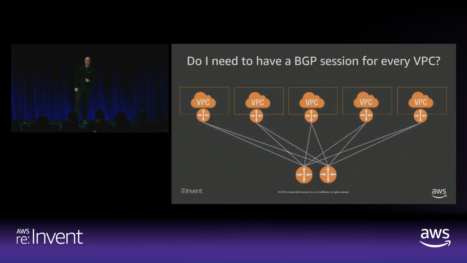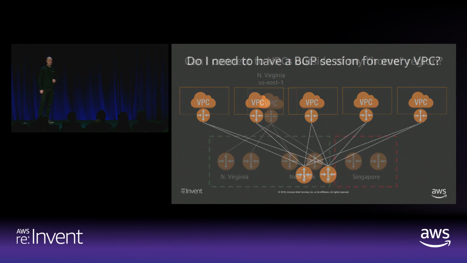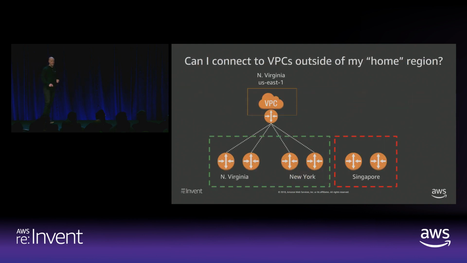I get this question all the time. Do I need to have a BGP session for every single VPC? And if I have to have redundancy, do I times that by 2? Here's another one I get all the time. How do I connect to a VPC in a different region?